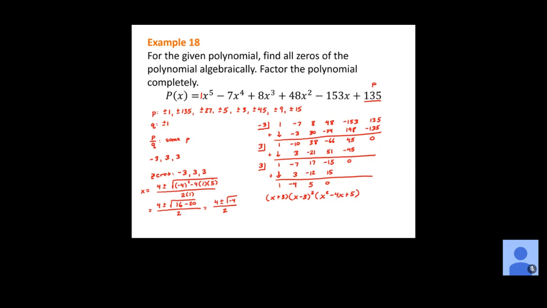What's the square root of negative 4? 2i. Good. So remember, the square root of a negative gives us an i. The square root of 4 is 2. So now we have 4 plus or minus 2i all over 2. And if we simplify that now, what's that going to give us?